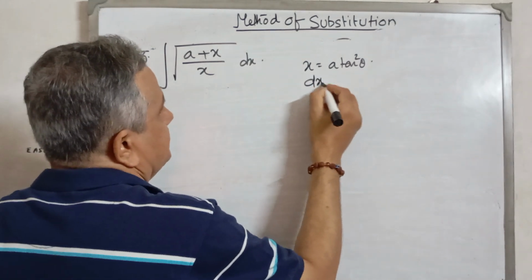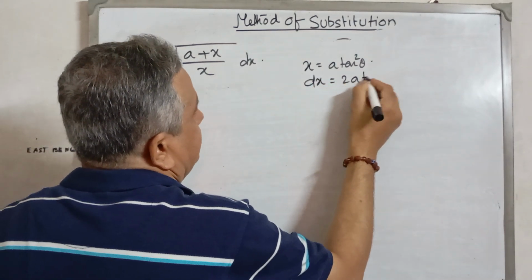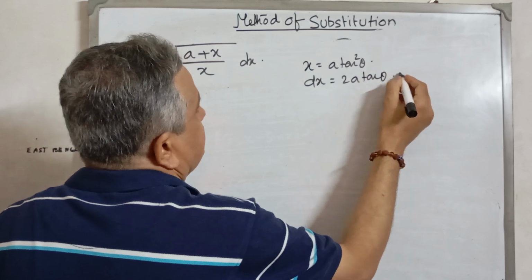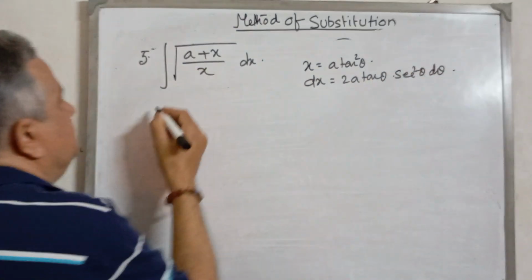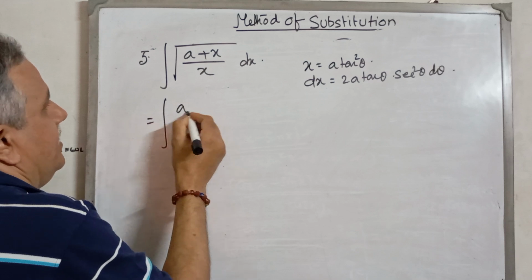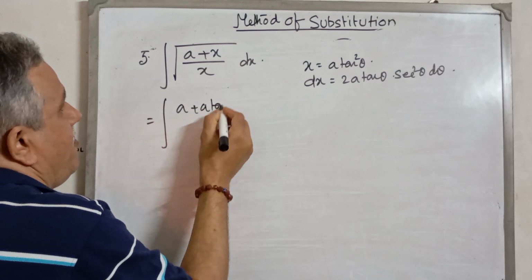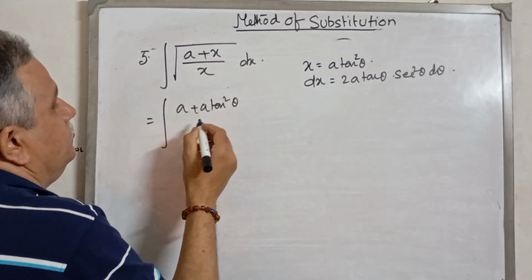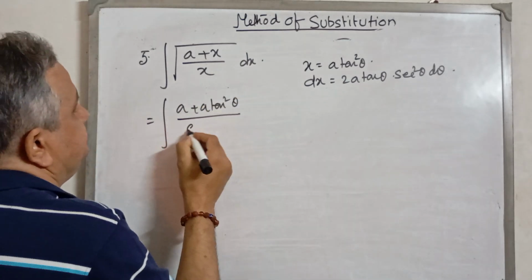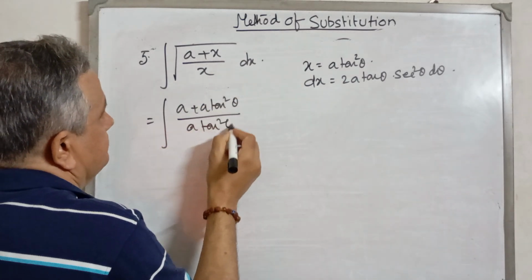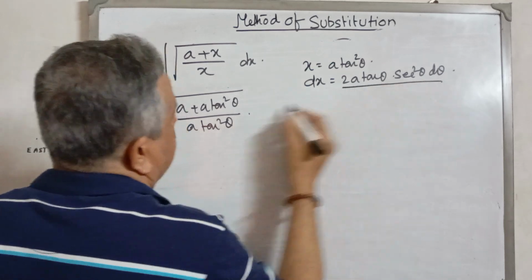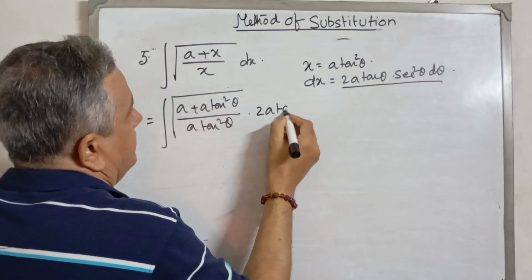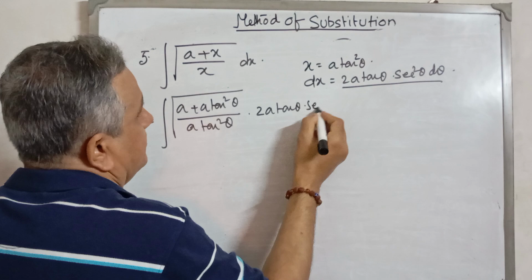So dx is twice a tan theta into the differentiation of tan theta, which is sec square theta d theta. Now replace here a plus a tan square theta, putting x equal to a tan square theta, into dx, that is 2a tan theta into sec square theta.